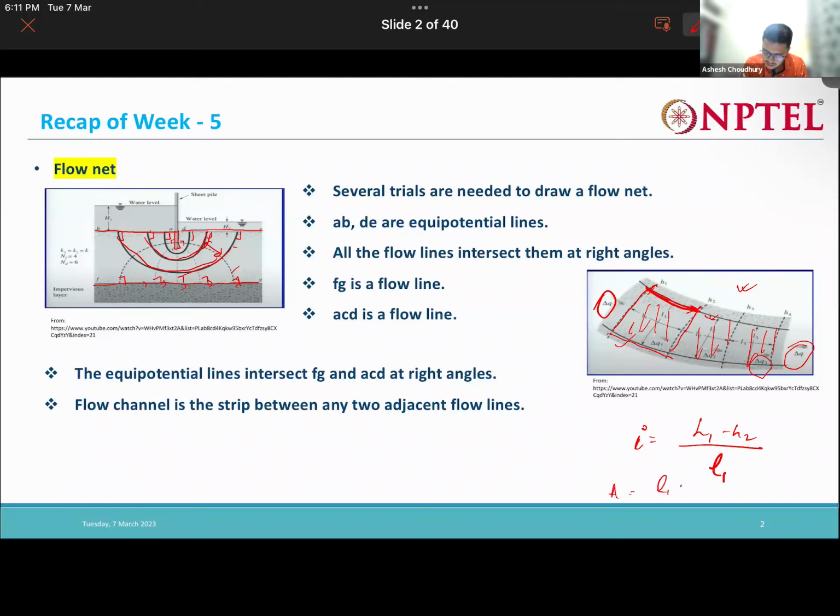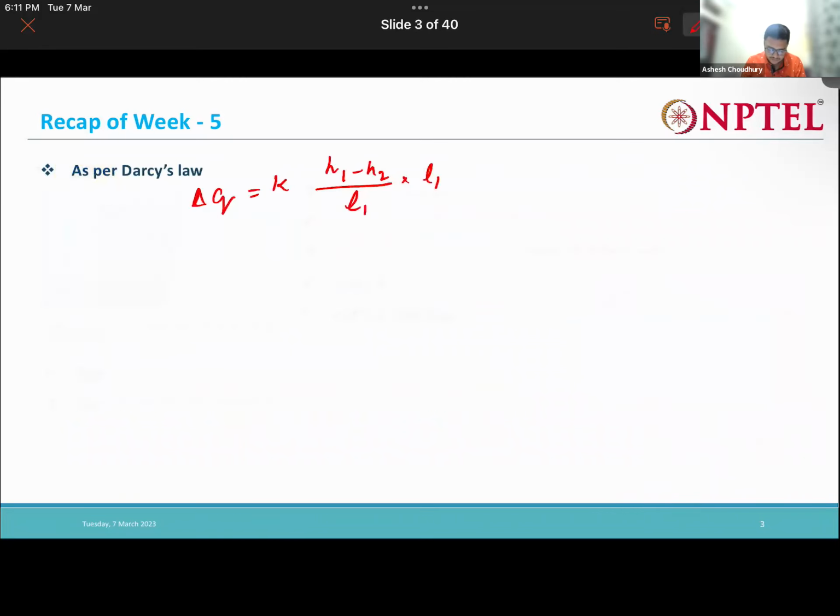Area is also nothing but L1 into 1, unit length, because we are considering flow per meter length of the hydraulic structure, per unit length. Okay, so these are all equal.